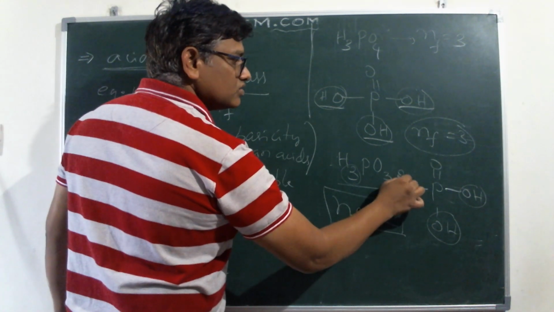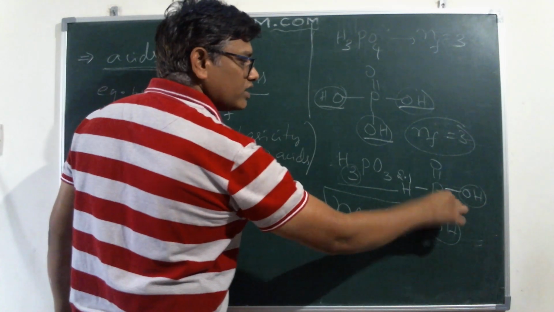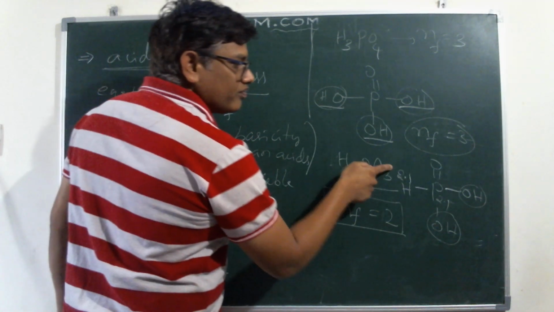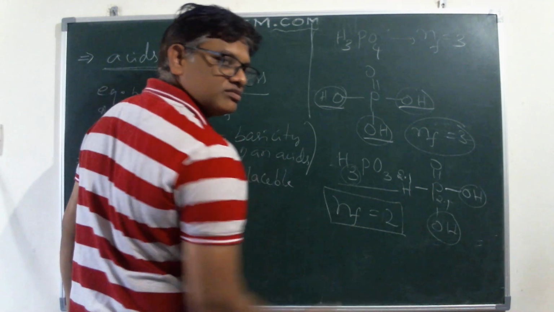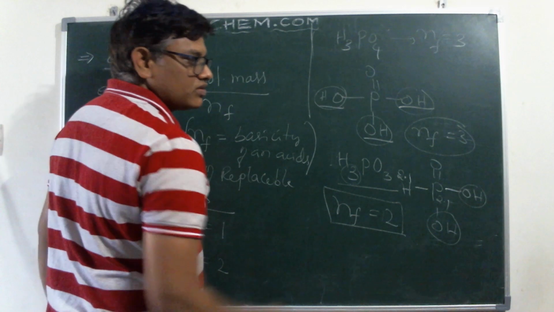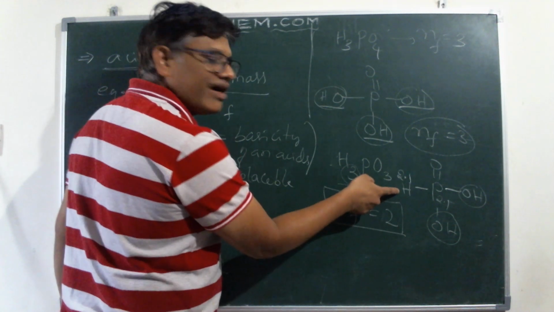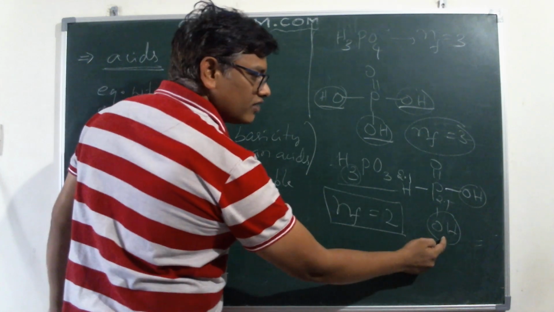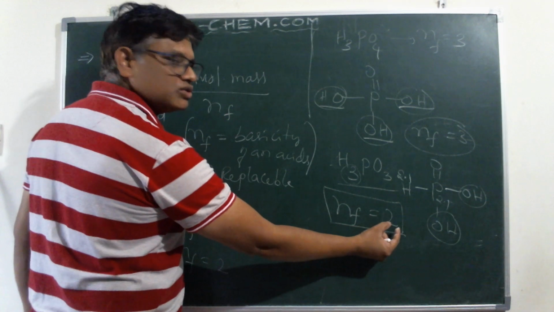Because the electronegativity of hydrogen is 2.1 and of phosphorus is 2.1. So the electronegativity is almost the same. There is no electronegativity difference between phosphorus and hydrogen, so this bond is non-polar, and this is a non-ionizable hydrogen. So the number of ionizable hydrogens is just 2 in this, so the n factor will be 2.